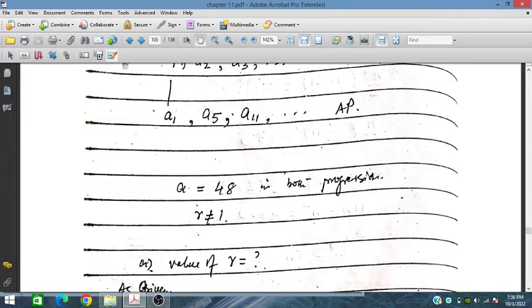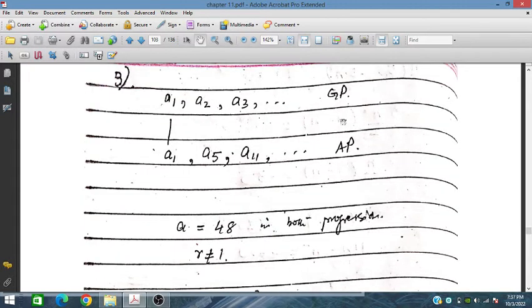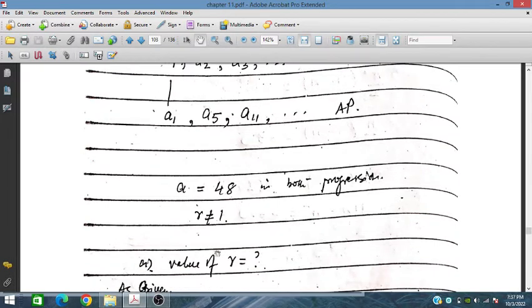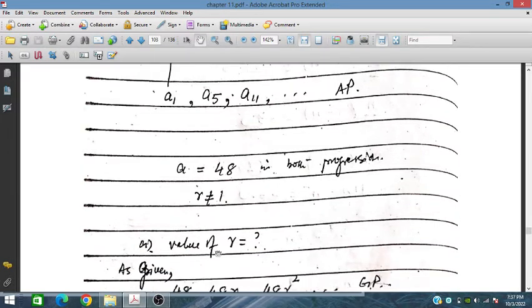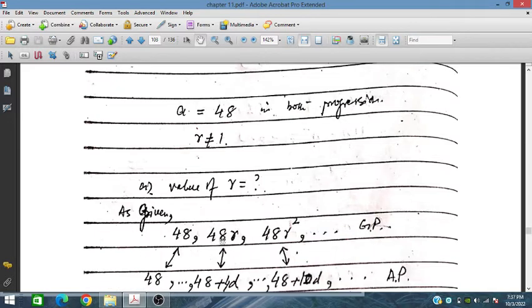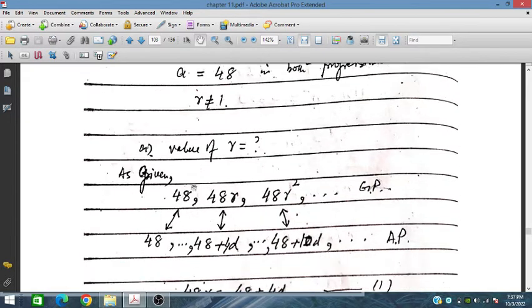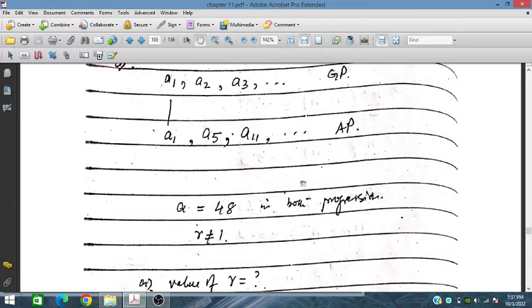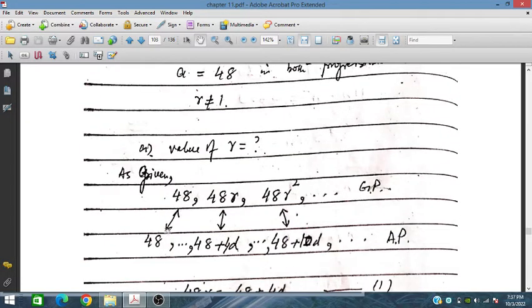We write it down again in a systematic way so that we can solve it appropriately. We have to find the value of r. As per the given information, for the geometric progression the first term is 48, the second term is 48r, and the third term is 48r squared.